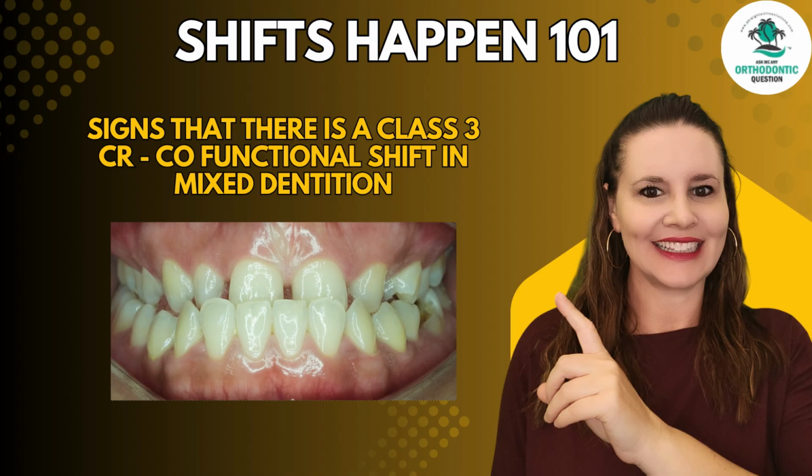The other thing that I'm looking at is the midline. You can see the midline is here and here. Anytime I see a case with a unilateral crossbite, especially in mixed dentition, with the midline off, especially if it's the lower midline off, I'm going to look at the midline with the face. If the facial midline is on-ish and it's the lower that's off, I need to basically run an animation in my head.